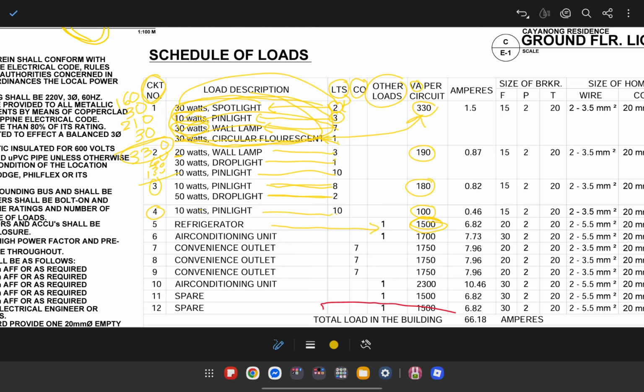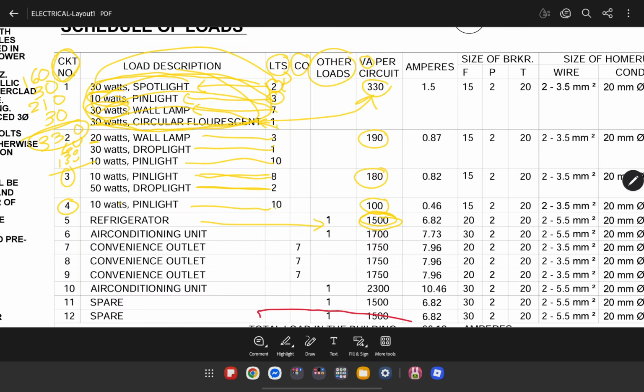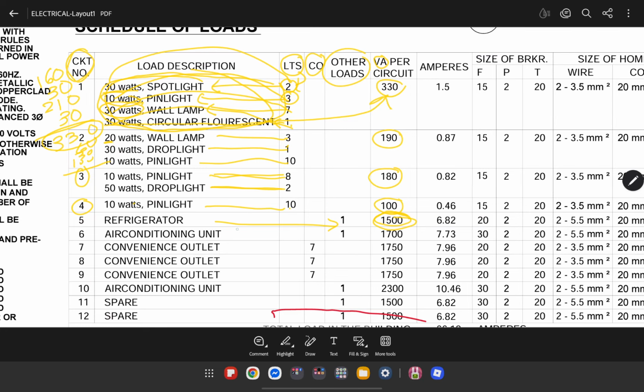Same with the air conditioning unit, wherein you just have to provide its own circuit, to make sure that you are able to give the proper wattage.